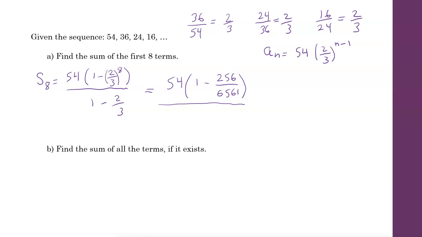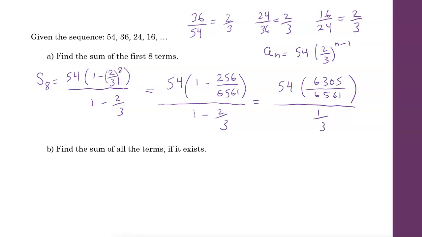And on the bottom, I have 1 minus 2/3. If I find a common denominator within my parentheses and combine my terms, I'm going to get 6,305 over 6,561. On the bottom, 1 minus 2/3 is 1/3.